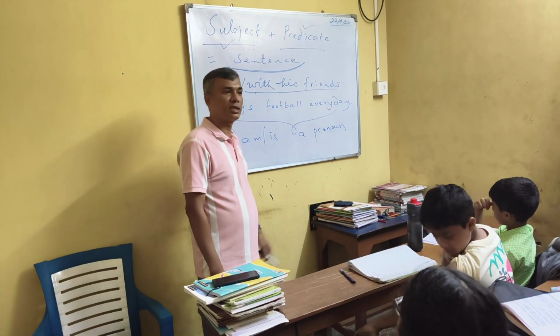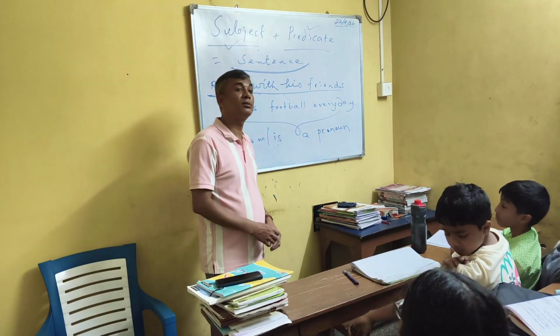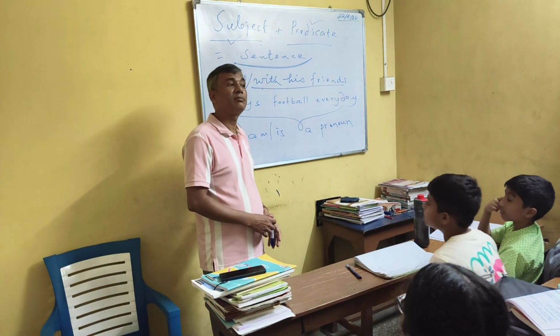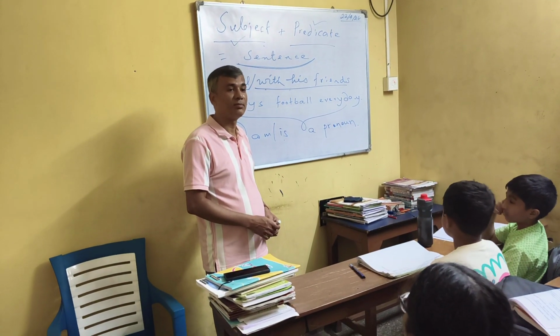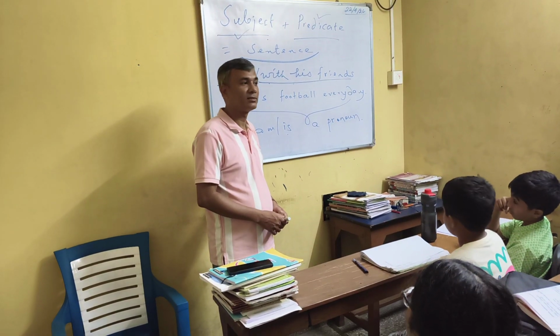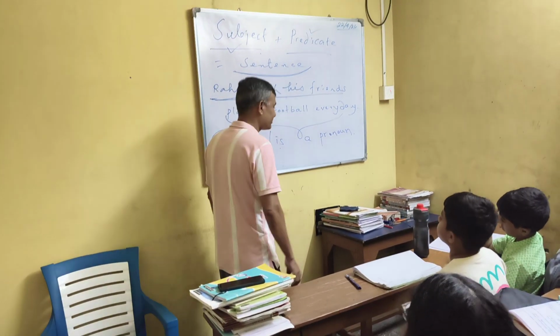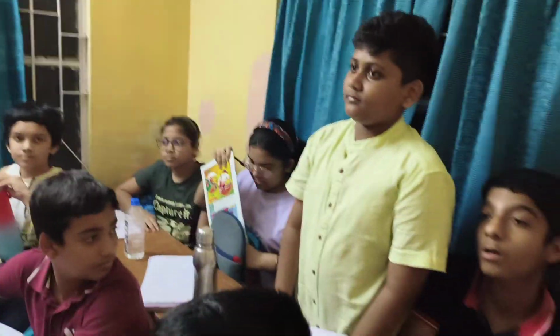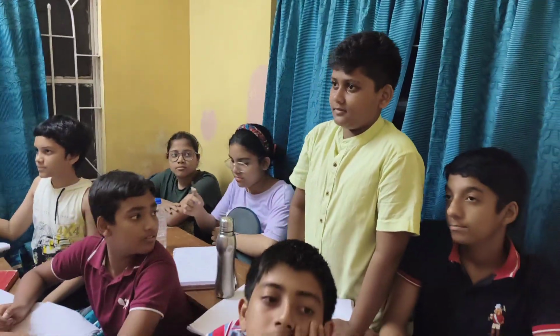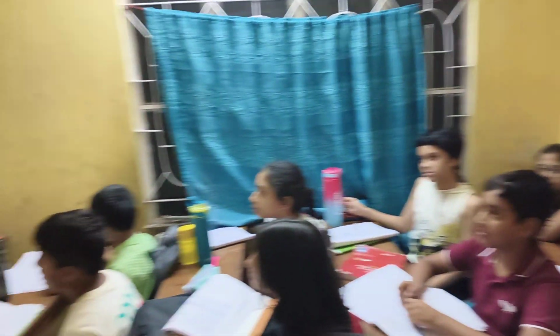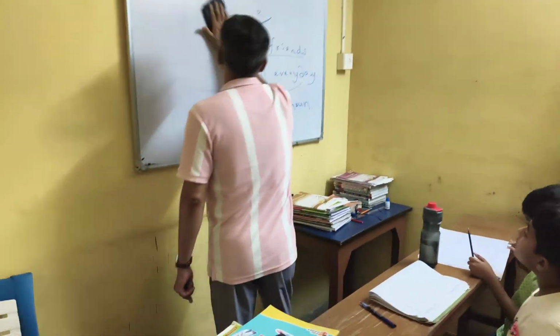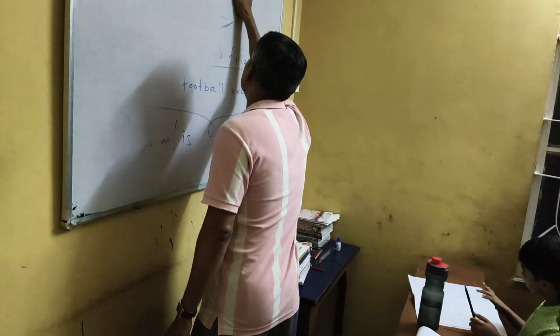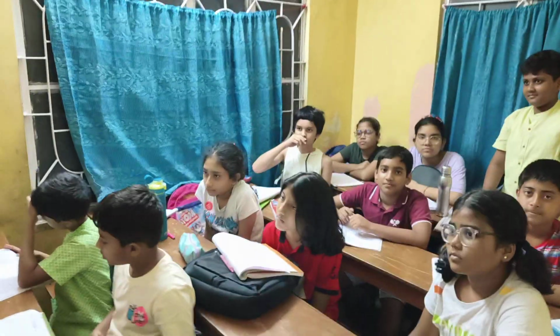To form a perfect sentence, you will use subject, verb, and object: S+V+O. This is the order. Give one example in your own sentence.